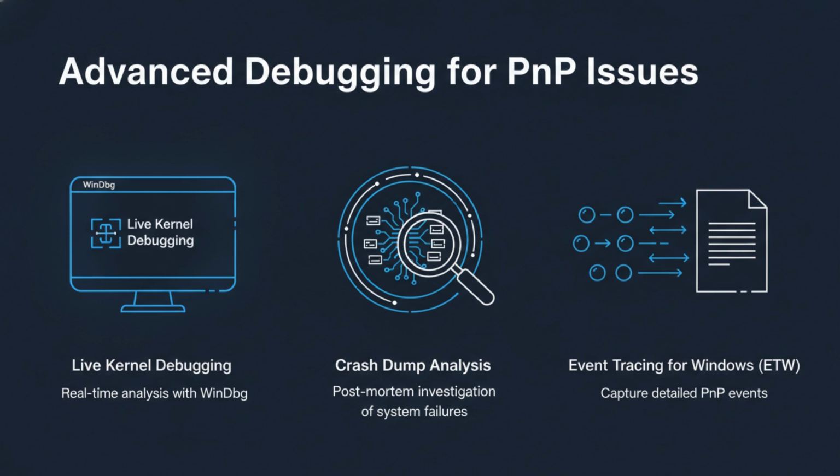Additionally, event tracing for Windows, or ETW, is a powerful, low-overhead tracing mechanism that can capture detailed PnP events. By analyzing ETW logs, you can reconstruct the sequence of PnP operations and identify anomalies that lead to problems. These techniques are essential for deep-seated PnP problem resolution.